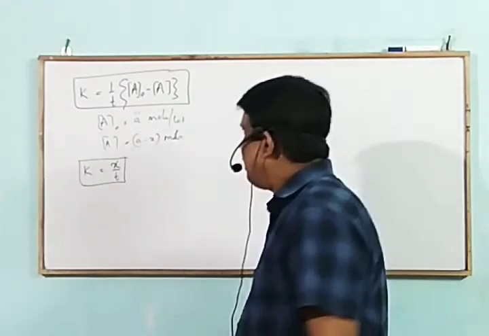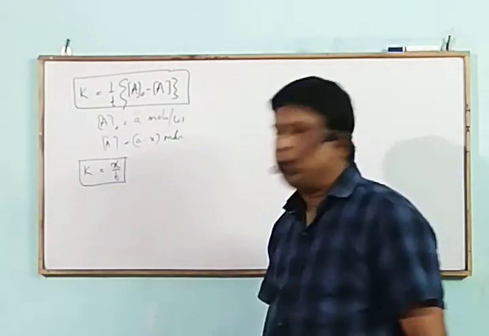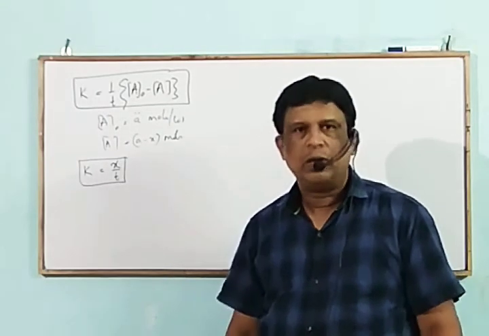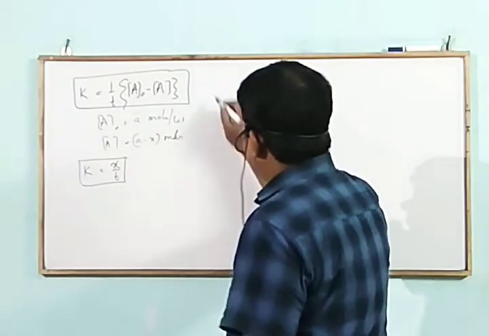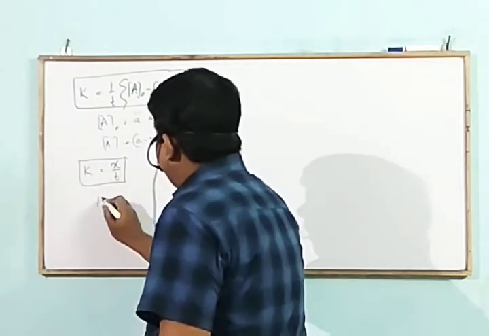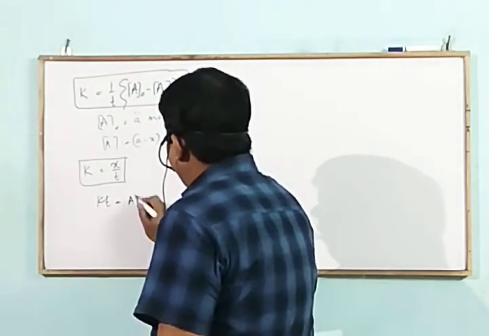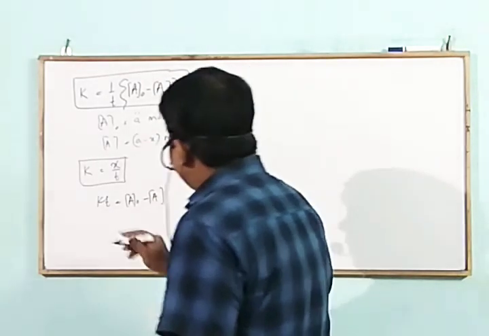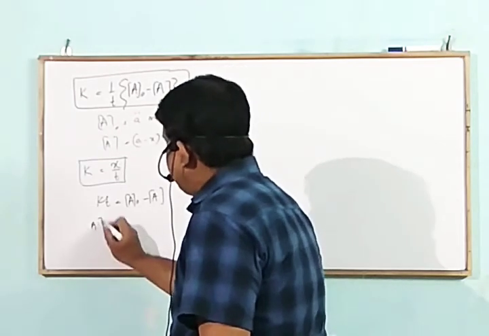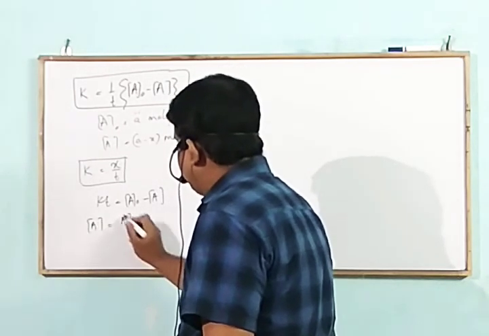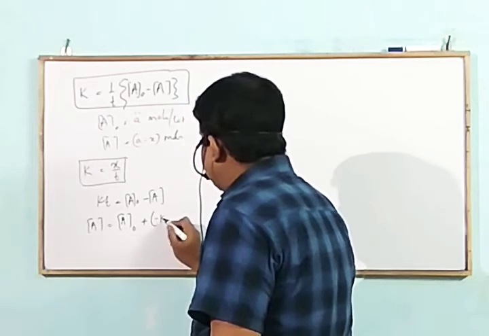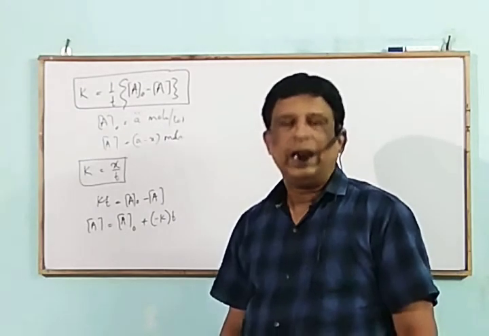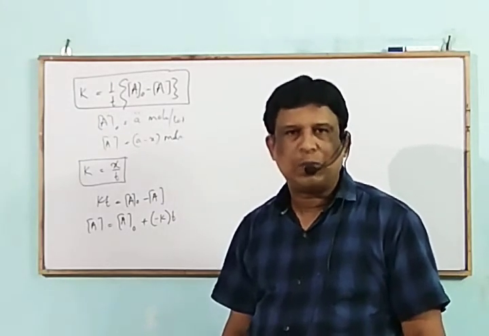Then another one is to find out the rate constant for zero order kinetics in graphical mode. Mark that this equation is rearranged as Kt is equal to A naught minus A. Rearranging, A is equal to A naught minus K into t. It is the equation of a straight line in the form y is equal to mx plus c.